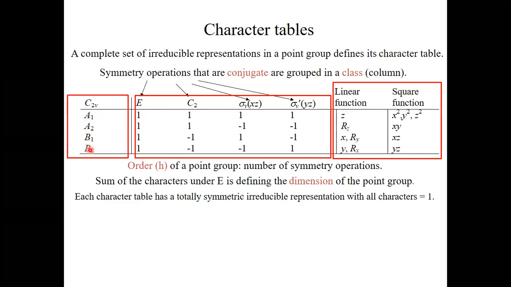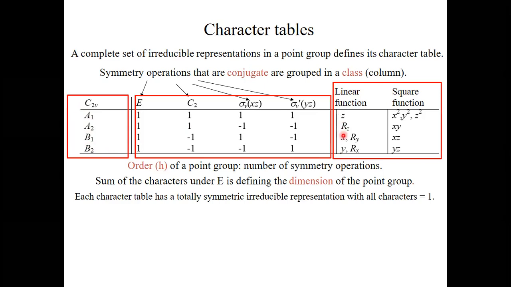Generally speaking, any mathematical function which is a linear function of z, x, or y has the symmetry types A1, B1, and B2, respectively, and orbitals belong to that. This is why, as we discussed before, the 2pz orbital has the symmetry type A1, the 2px orbital has the symmetry type B1, and the 2py orbital has the symmetry type B2.